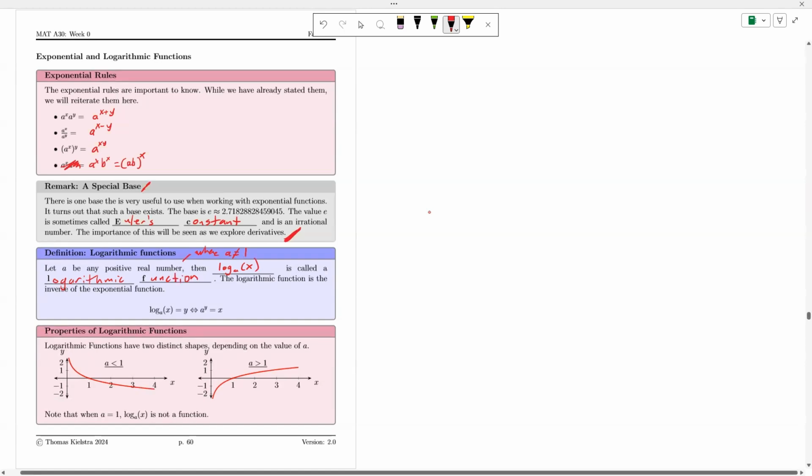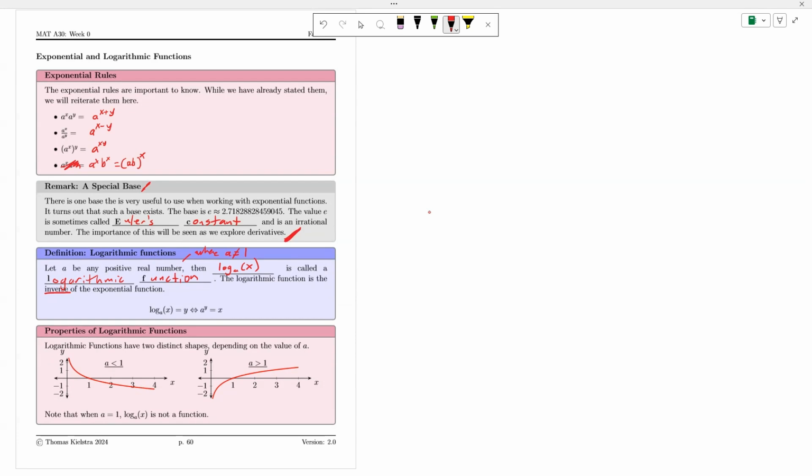And the logarithmic function is the inverse of the exponential function. And we'll talk about that later. But what it means is that log base a of x equals y if and only if a to the y equals x.